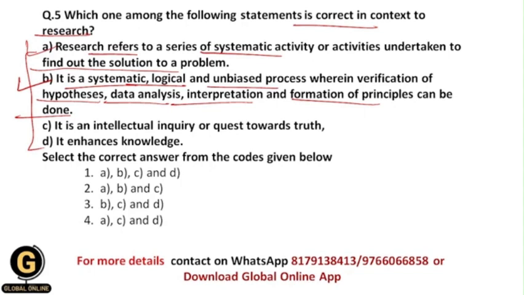Unbiased means whatever we do here is done fairly, and here we verify the hypothesis that we have created, we do the data analysis, we interpret the data, and we form different kinds of principles as well.